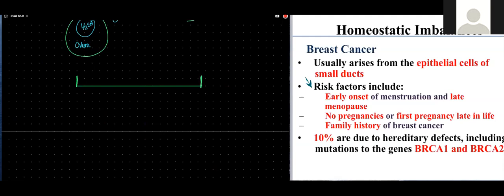So if a person got her first menses by the age of 14 and she got her menopause by the age of 45. And another person who got her first menses by the age of 9 and her menopause by the age of 55.